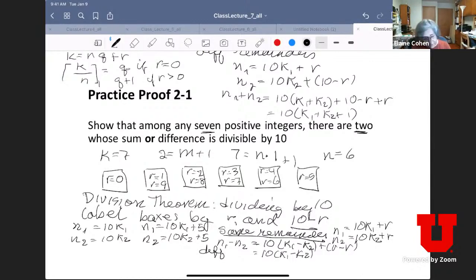Okay, so in this particular example, we had k was 7. N was, we want 2 where m is 1. So this can be m. And then what you end up with is 6 with the remainder of 2.